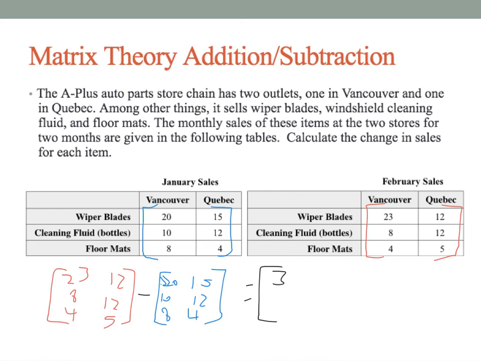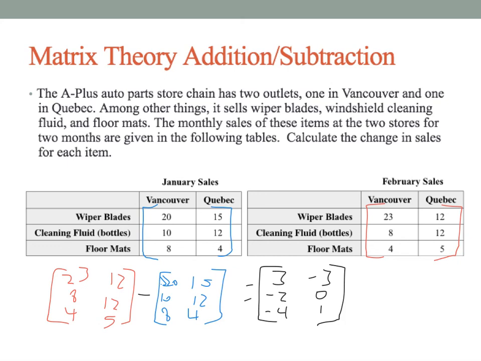That's going to come out to be 3 here, 23 minus 20, 12 minus 15 is going to be negative 3, 8 minus 10 is going to be negative 2, 12 minus 12 is going to be 0, 4 minus 8 is negative 4, and 5 minus 4 is 1. And there's our new matrix. So overall it looks like from January to February, sales went down.